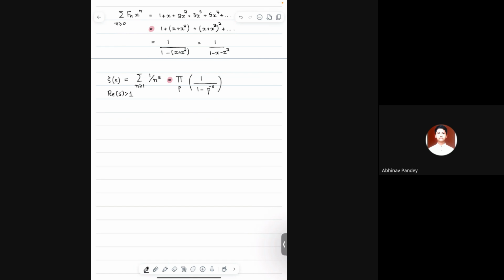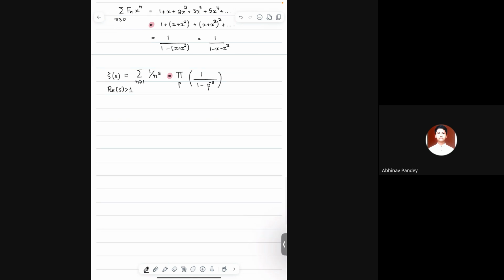And something that one can show with a little bit of analytic number theory is, as I said, the definition makes sense only on the right hand side of 1, but you can, using this relationship between zeta s and zeta 1 minus s, do what's called analytic continuation and extend it to the left of 1.